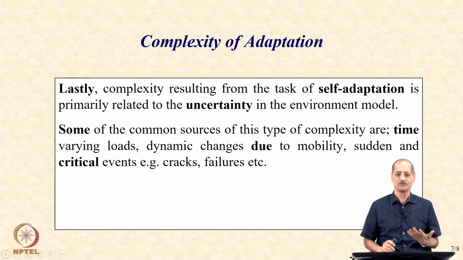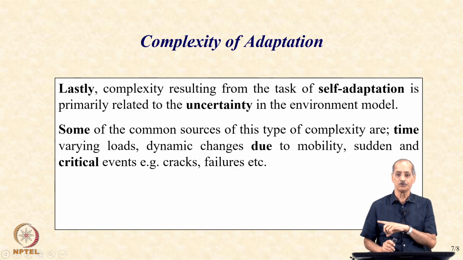The common sources, if we look at, are time-varying loads. For example, there could be winds which are changing and that will create variable drag, and even if you give acceleration, speed may not increase to that level.